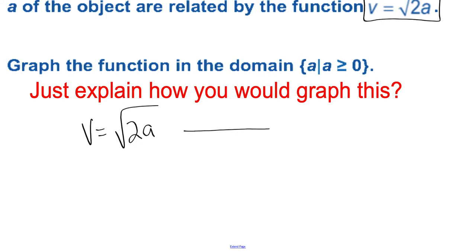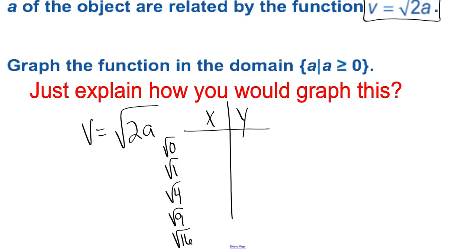And we want to make an xy chart to graph that. We're still doing it the same way. We need square root 0, square root 1, square root 4, square root 9, and maybe that square root 16 with this one. So what numbers are you going to plug in to get those? Well, the first one's pretty easy. We would just plug in a 0 there. Okay, so if I put a 0 in there, I'm going to get that square root of 0. Second one, a little bit more difficult. Okay.